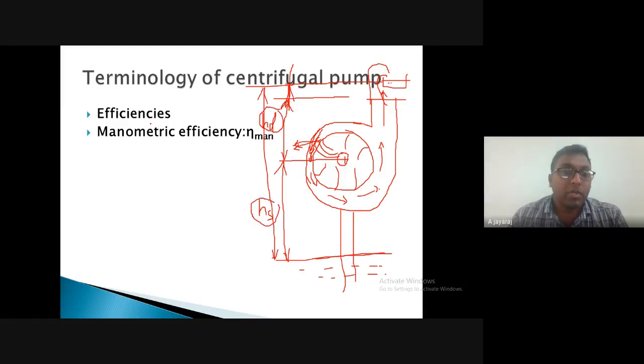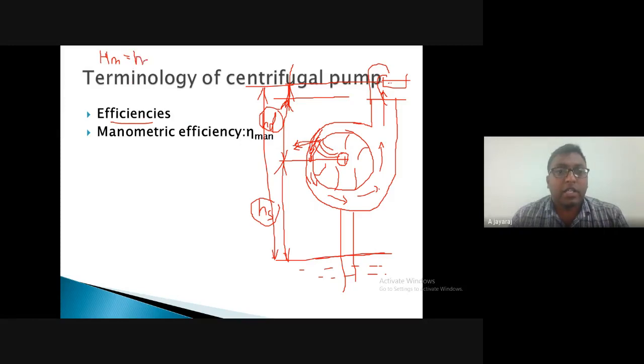And we discussed the manometric head, which was a combination of all the heads. The work that has to be done by a pump in order to complete its task, that is, if I want to supply water from the sump to the tank, what are all the heads that a pump has to supply in order to do this work satisfactorily? That is called the manometric head.